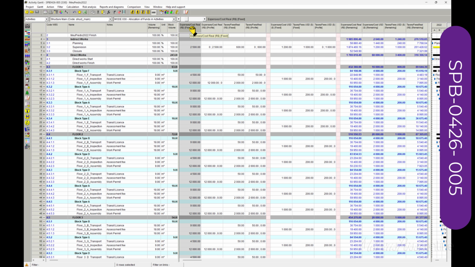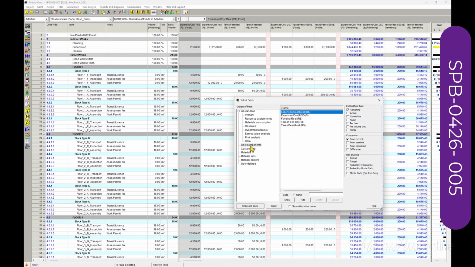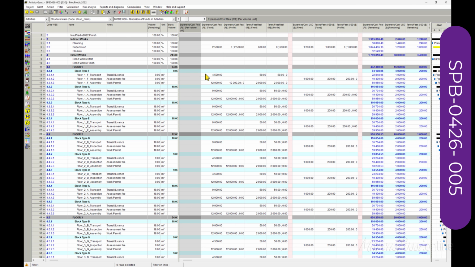Per cubic meter is not fixed, but per volume units. 500. It's not fixed, it's according to volume, okay, you have calculated it.